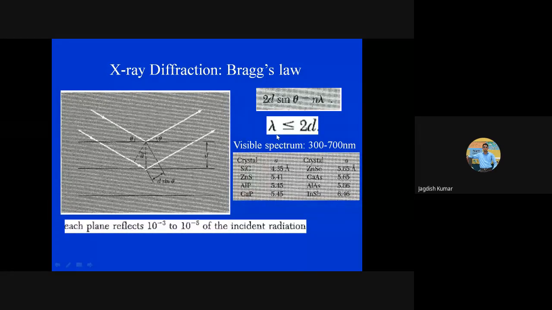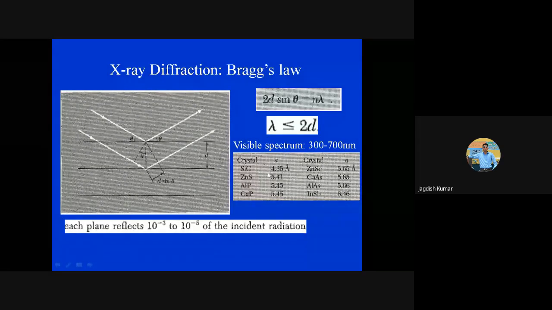So basically, to see Bragg's diffraction, what are the necessary conditions? The wavelength lambda must be smaller than the interplanar spacing, or at least of the order of the interplanar spacing, and that is why X-ray is a suitable choice for observing the X-ray diffraction pattern. In crystalline materials, the typical interatomic spacing is of the order of bond distance, or say lattice constant, just a rough order of magnitude.